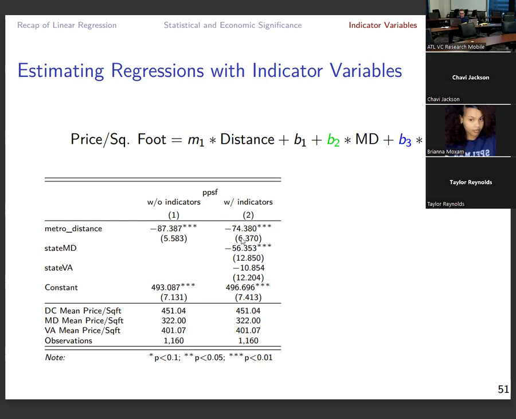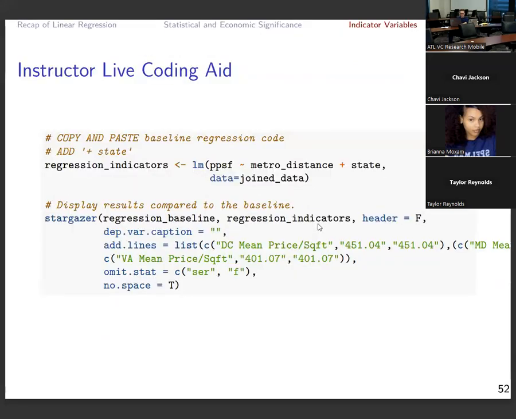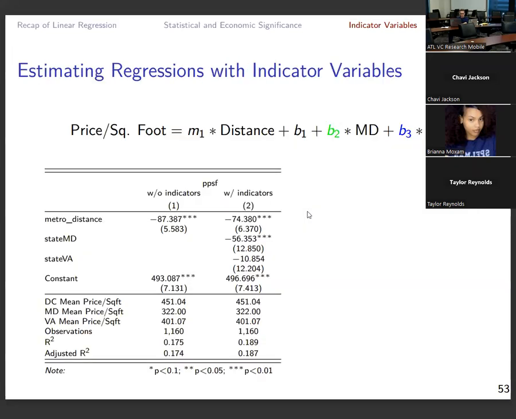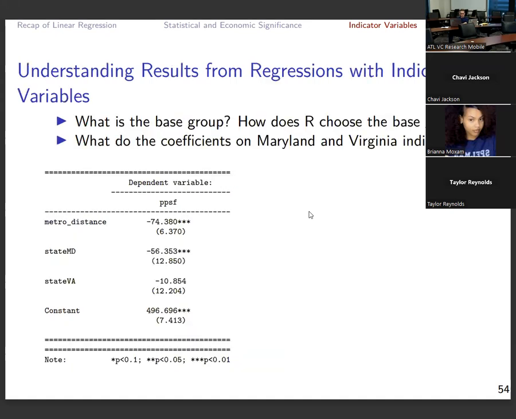And so it's far enough away from zero that it's significant. And I can say that the properties in Maryland on average have lower price per square feet. Okay. Any questions about that? I think these are just other ways that I've reported them, okay?